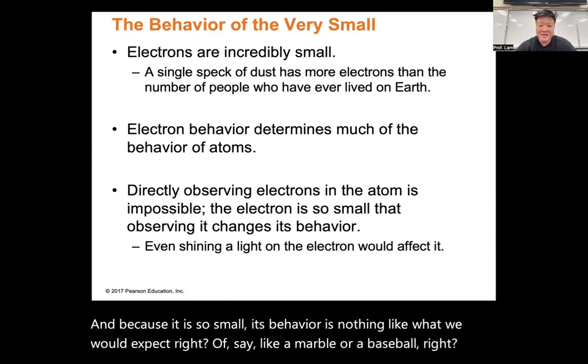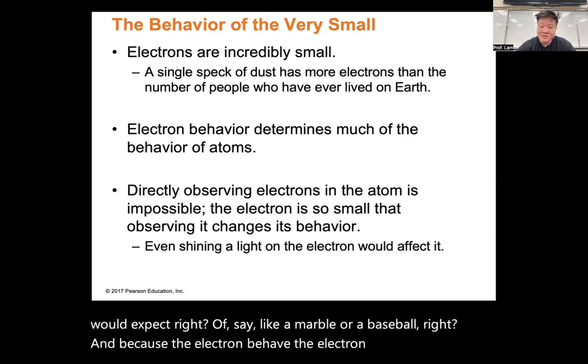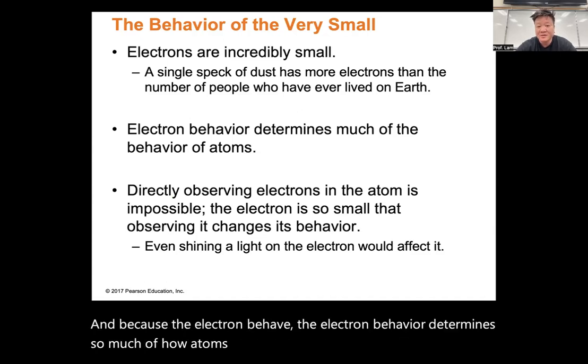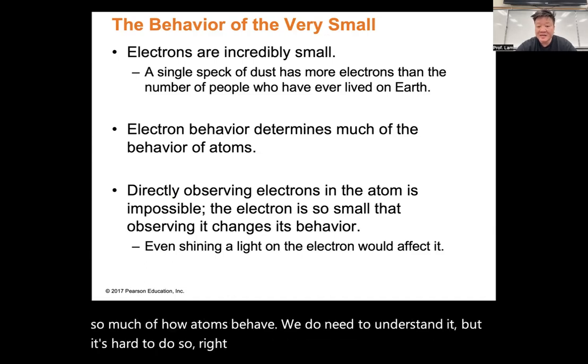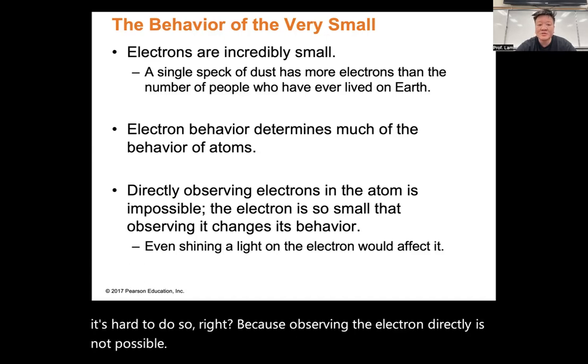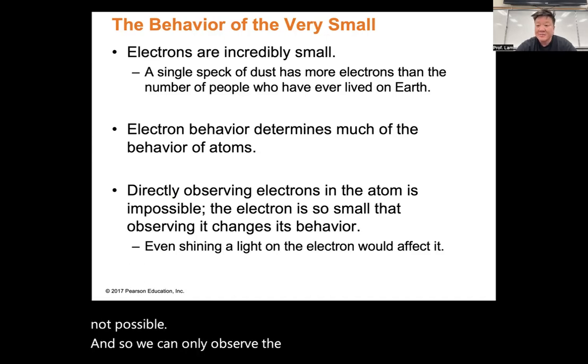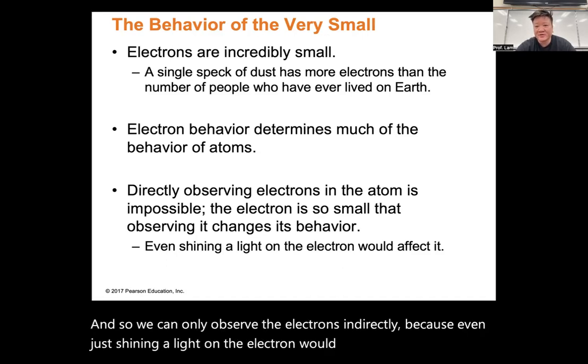And because the electron behavior determines so much of how atoms behave, we do need to understand it, but it's hard to do so, right? Because observing the electron directly is not possible. And so we can only observe the electrons indirectly, because even just shining a light on the electron would affect its true behavior. Okay.